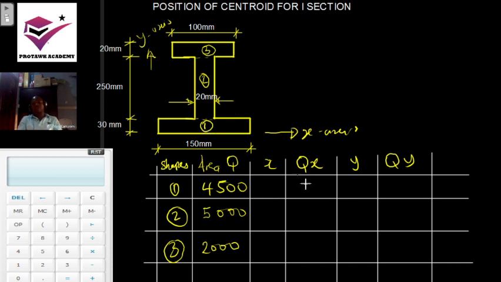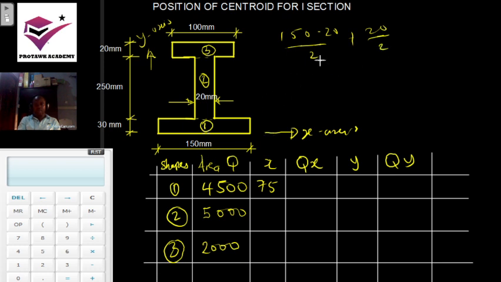So the centroidal distance of this first shape from the x-axis is half of this 150. So it's half of the 150, which is 75 millimeter. For the second shape, it is going to be 150 minus 20 over 2 plus the shape itself, 20 over 2.